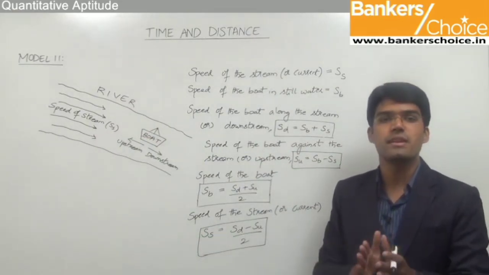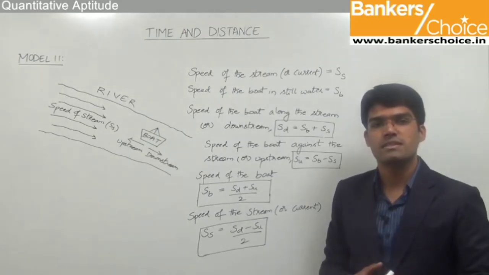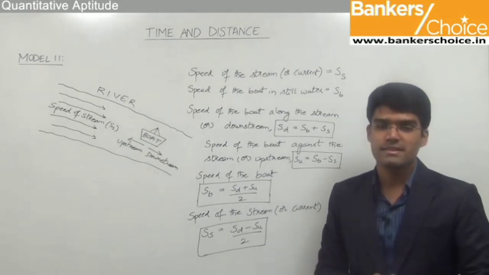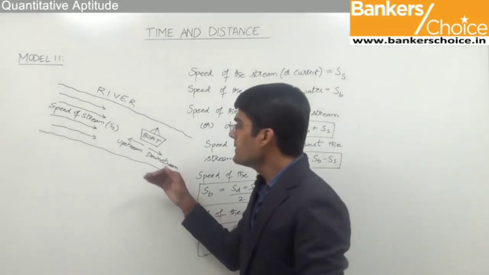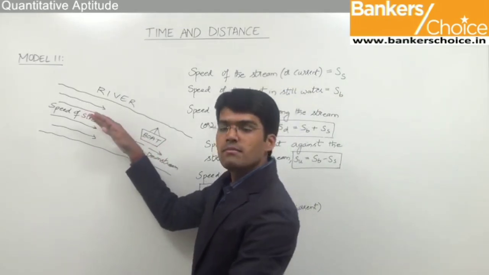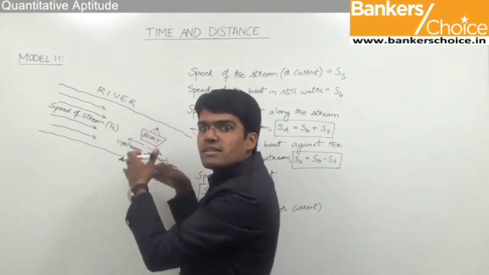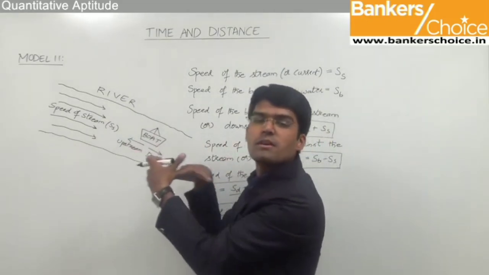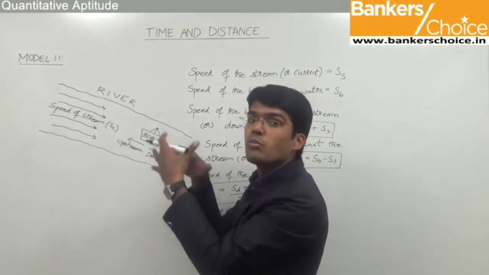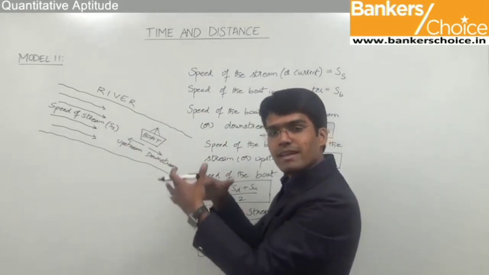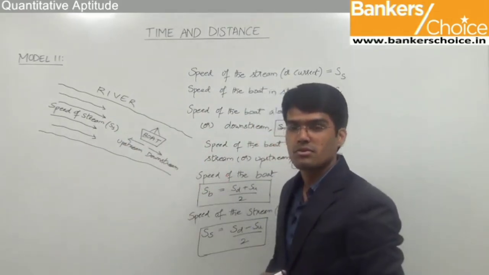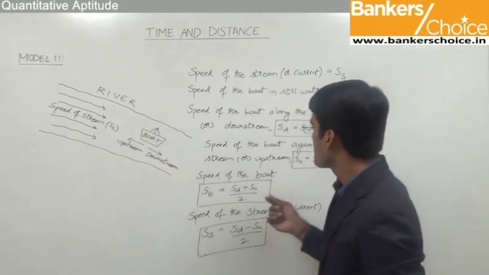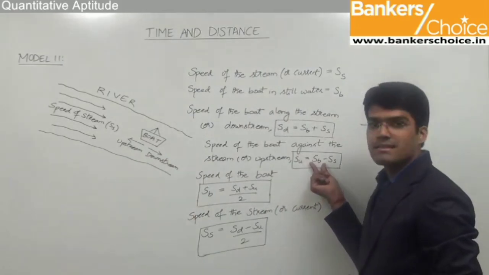So there the relative speed is taken as the sum of the speeds in opposite directions and the difference of the speeds in the same direction. But here, as you can see, when the boat goes upstream, the water which is coming from the opposite direction pushes the boat backwards. So the boat struggles to move in the forward direction. Hence it takes more time, and when it takes more time, we can understand that the speed of the boat has reduced. So when the boat is going upstream, we take the speed as the difference of the speeds.